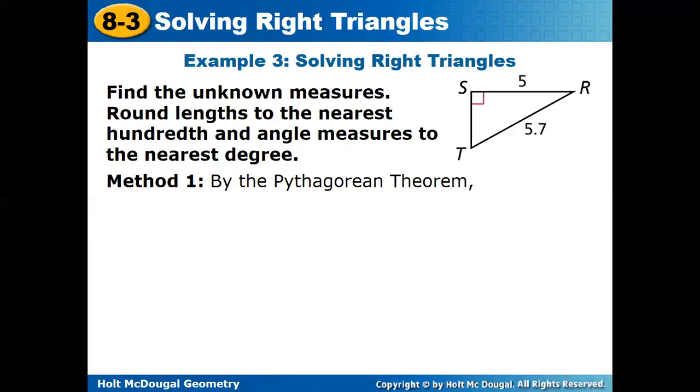Let's see example 3, solving right triangles. We have in the given figure a triangle RST, which is a right triangle, and we know 2 side lengths, SR and RT.